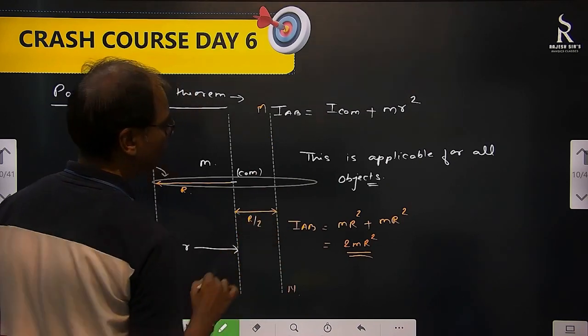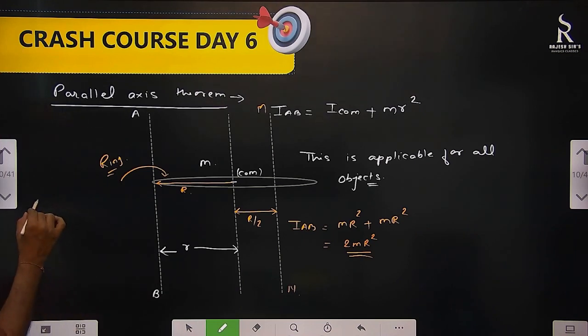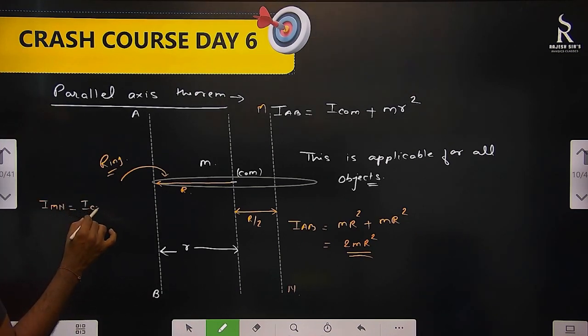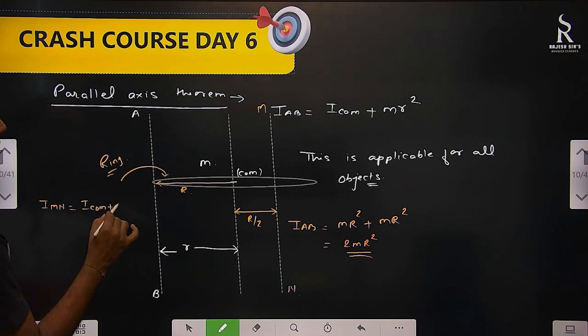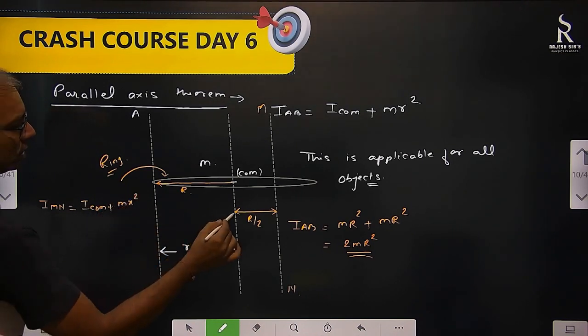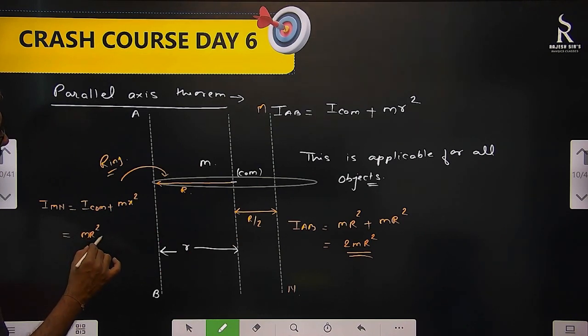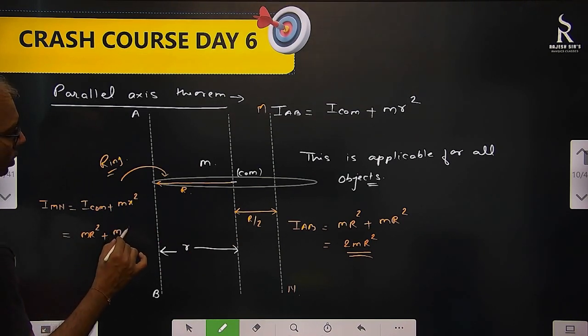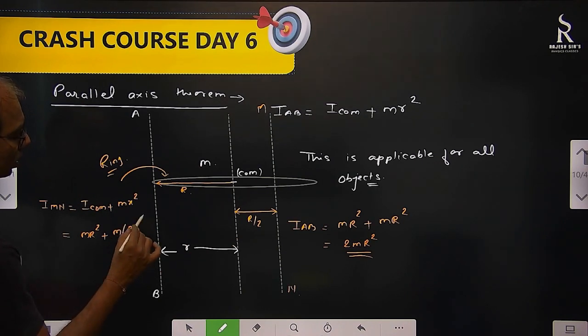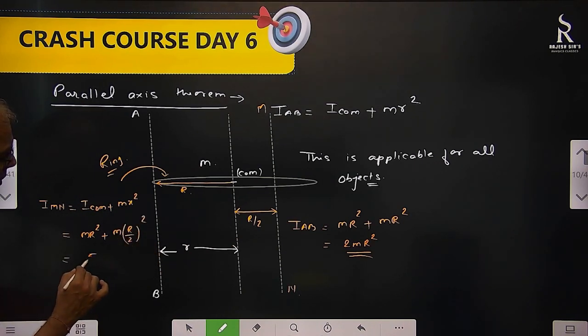Now what will be the moment of inertia about Mn? Say Imn equal to ICOM plus m x square. What is x here? X is r by 2. So mr square plus m into r by 2 whole square, that is mr square by 4. So the answer will come 5 by 4 mr square.